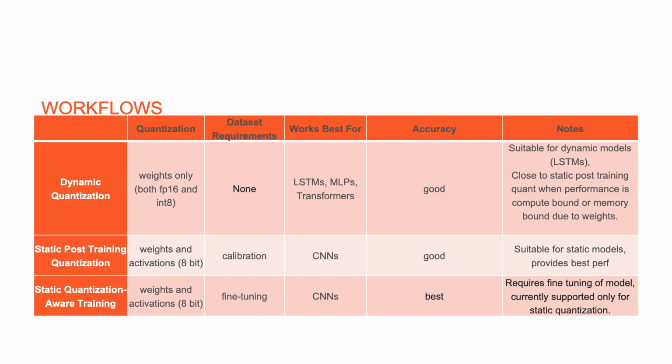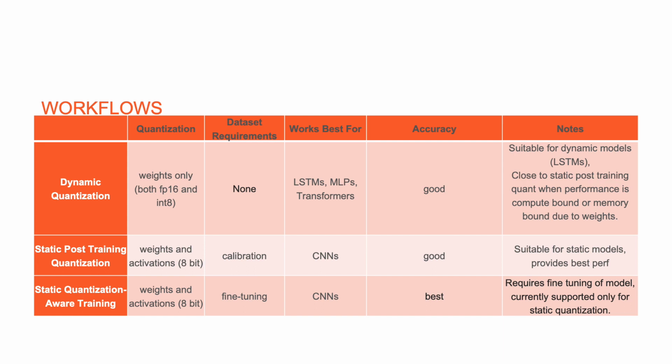So there's a little bit more math every time it's creating a new Q-tensor on the activation side, but it's always well-tuned for the data. So this tends to give good accuracy, and it tends to work well when the performance is memory bound due to weights.